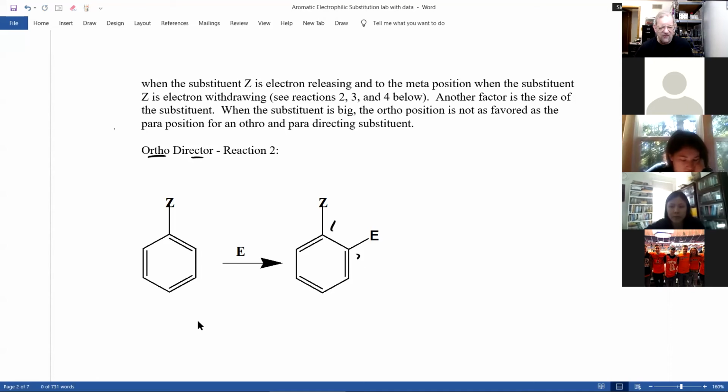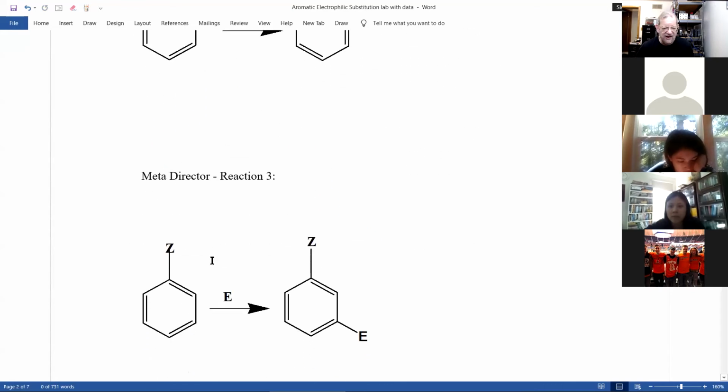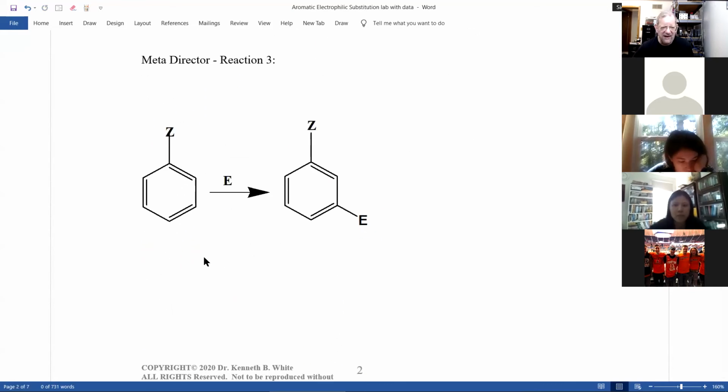Remember, 1,2 is ortho. It could also go on this side, which is also ortho, 1,2. Another place it could go is meta, and this would be a meta director.